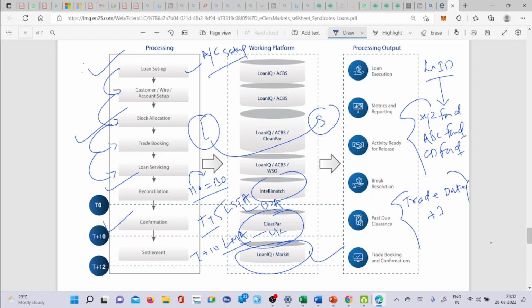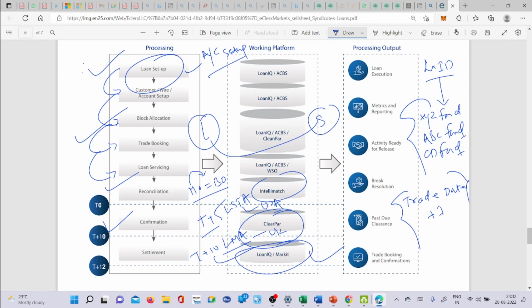Because for loan settlement as well, in this process you require data from the market, which you can take and send to the respective team so they can update the data in the system, right? So that's how you can manage your business.